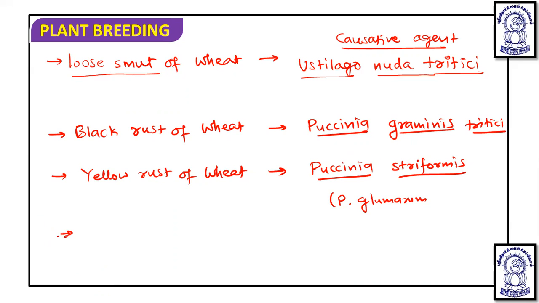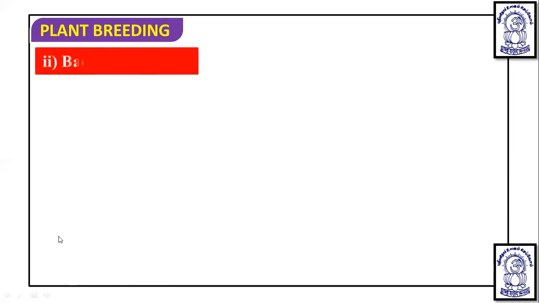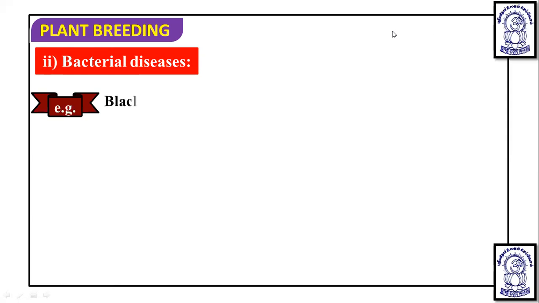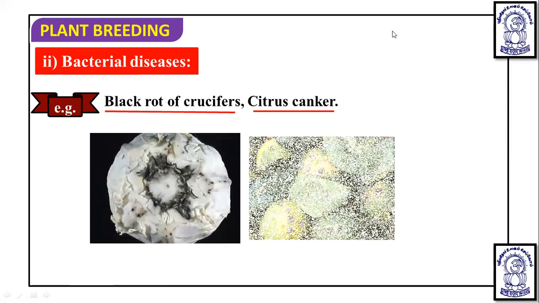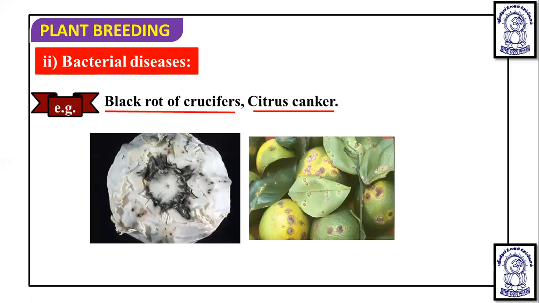Now after this we are going to talk about the bacterial disorders. Bacterial diseases are caused by bacterial strains. Examples of bacterial diseases are the black rot of crucifers and the citrus canker. In black rot of crucifers, the cabbage gets black colored and its normal coloration is lost. In citrus canker, the citrus fruits are affected.